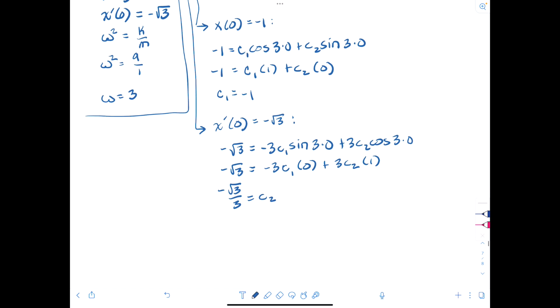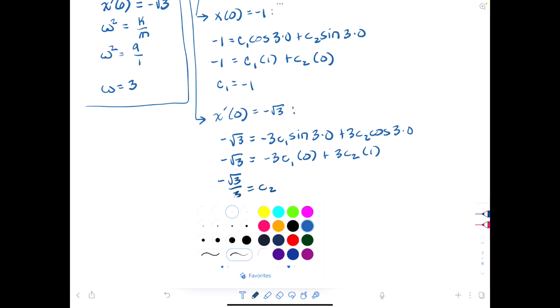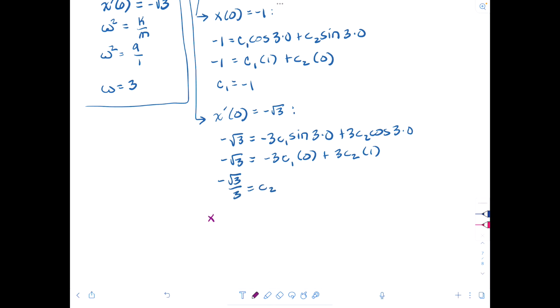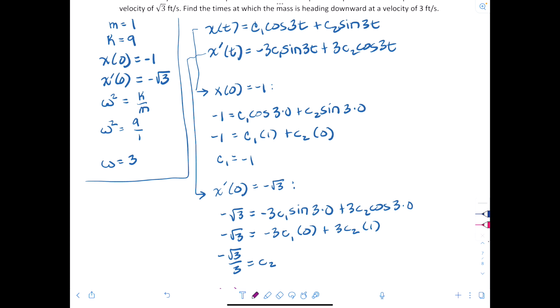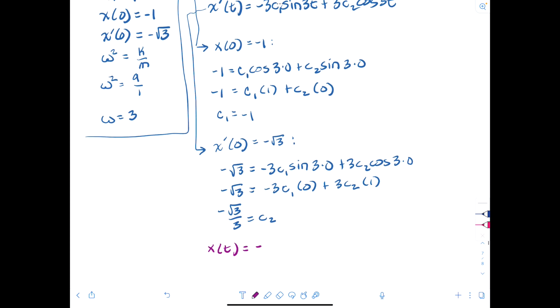So now we have our equation. X at t is equal to C1 is negative 1. Remember, our x at t is C1 cosine 3t, so negative cosine 3t, and then minus root 3 over 3 sine at 3t.